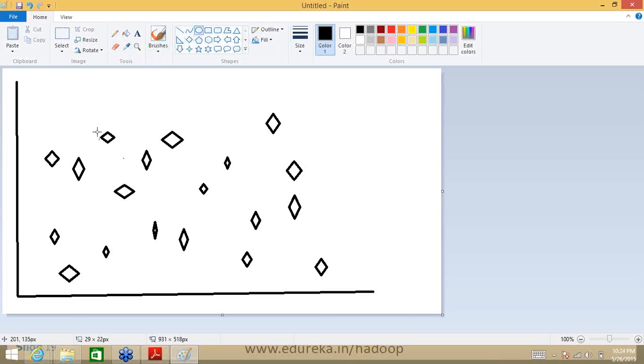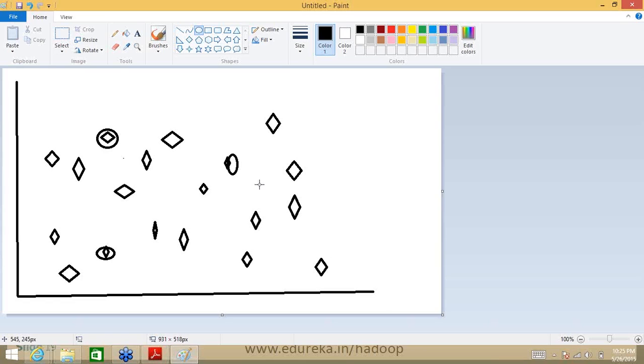Anything can be a random point. For example, this will be picked, maybe this will be picked, and this will be picked. It'll pick three random points if I need to define three clusters. This is called the seed, the center one. It is assumed to be the center now.